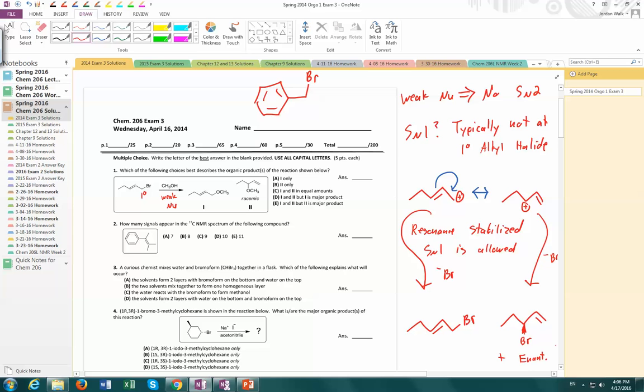It's interesting to me that they have D as the answer here, because certainly this is going to exist for some amount of time, and so between these carbons, the secondary and the primary, which is going to be the more important contributor? The secondary. So there's going to be more charge buildup at the secondary. Again, we don't have to worry about it, but I would expect the secondary to form more of the product.